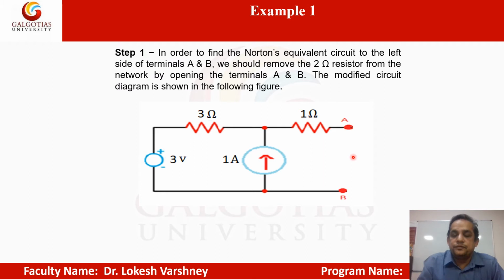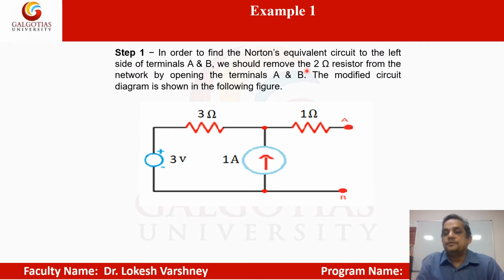Firstly, remove the load resistance. Now this circuit comes. We are following step by step. Step 1 is, in order to find the Norton equivalent circuit to the left side of the terminals A and B, we should remove the 2 ohm resistor, which I have said earlier is the load resistance.